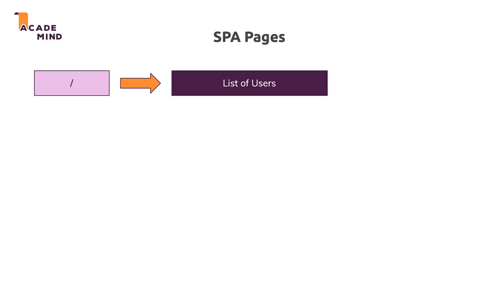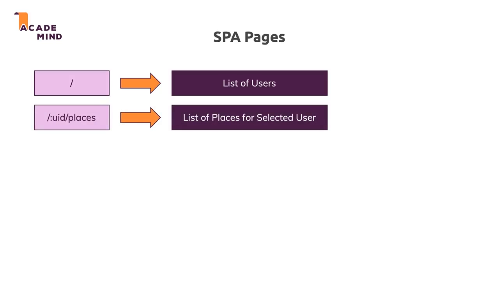Speaking of that, we need a route, and now these are all front-end routes which are interpreted by React, or to be precise, a library that supports routing in React and which will not be interpreted by our backend. So we also want to have a route there on the front end for some dynamic user ID, which we don't know in advance, /places, which should load all the places for that specific selected user.